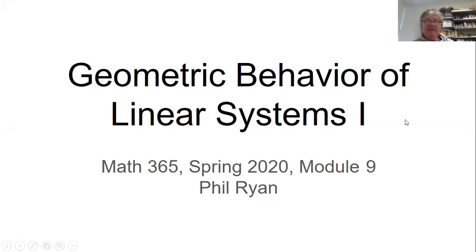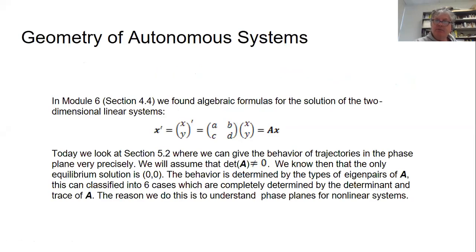Okay, let's finish off week 11 with this module. So we're going to section 5.2, which will be this module and the next one, the first one next week. So we're looking at the geometry of these autonomous systems.